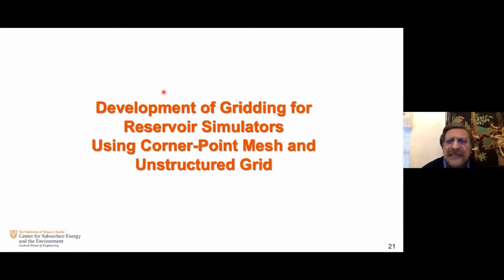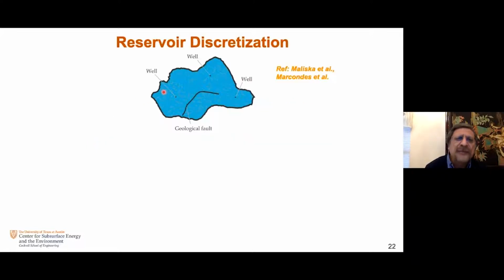Some of the development in the gridding area for using basically in our reservoir simulators in the petroleum industry, we are using the so-called corner point geometry, a non-orthogonal grid, and more lately we're talking about unstructured grids, and I would like to comment on that.